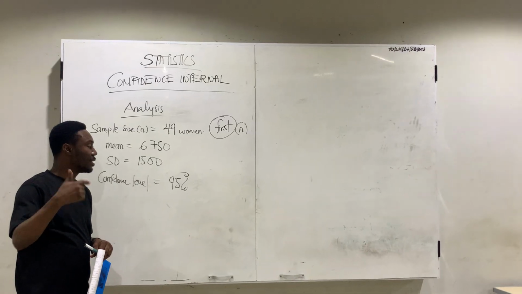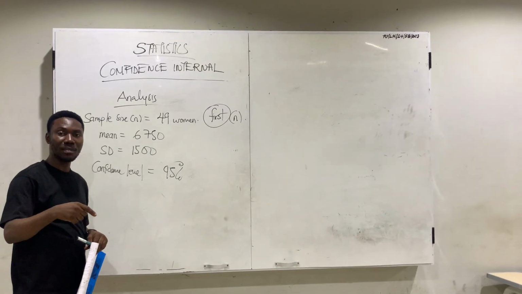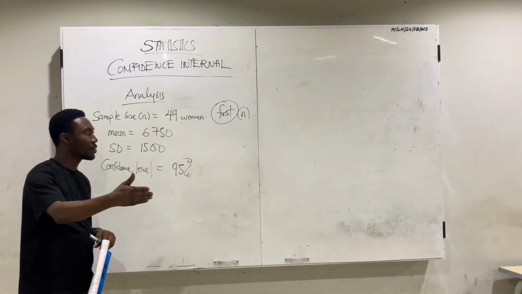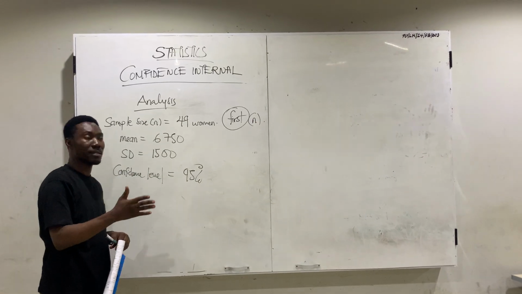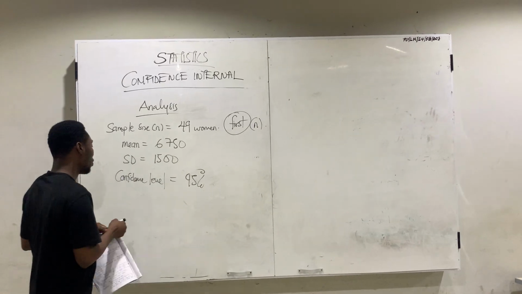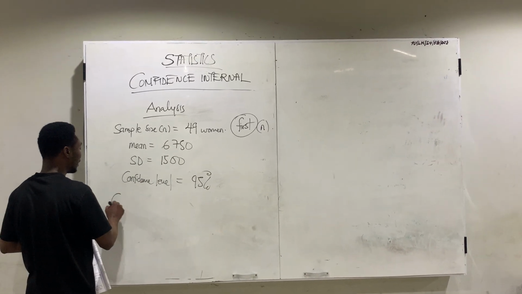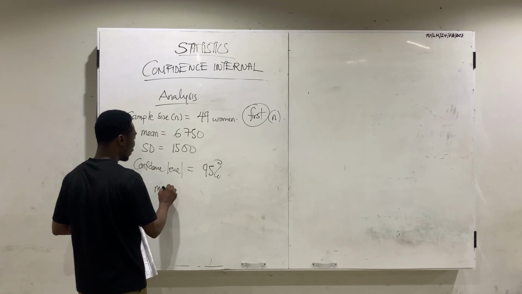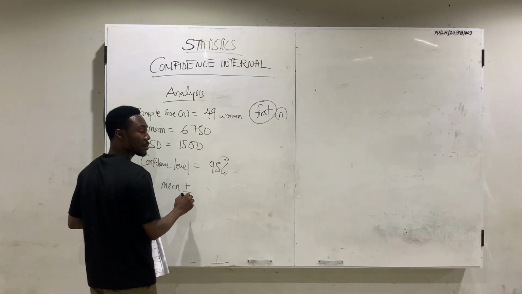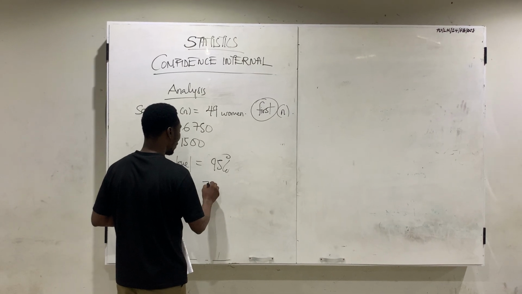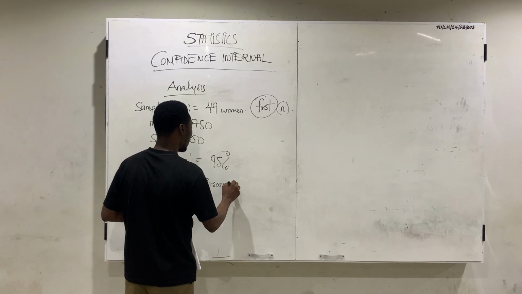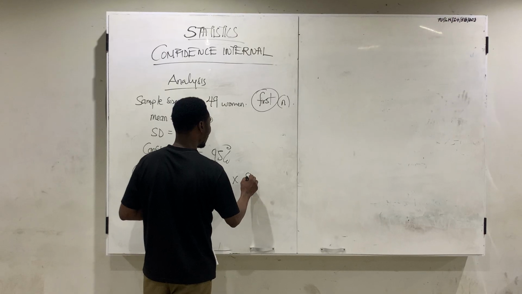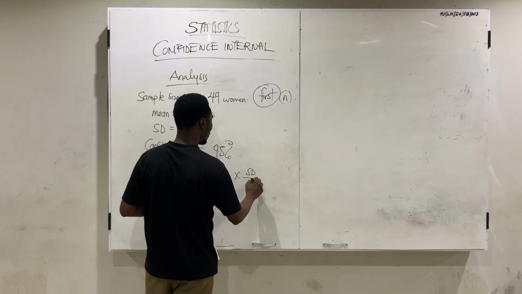We use the z distribution formula when sample size is 30 or larger. This one is more than 30, so we use the z. So you write your formula. CI is equal to mean plus or minus z-score multiplied by standard deviation all over square root of n.